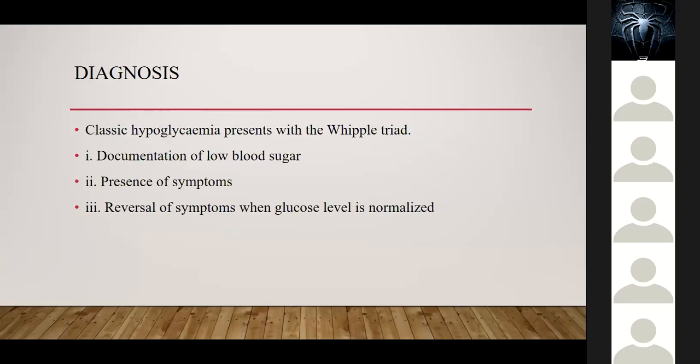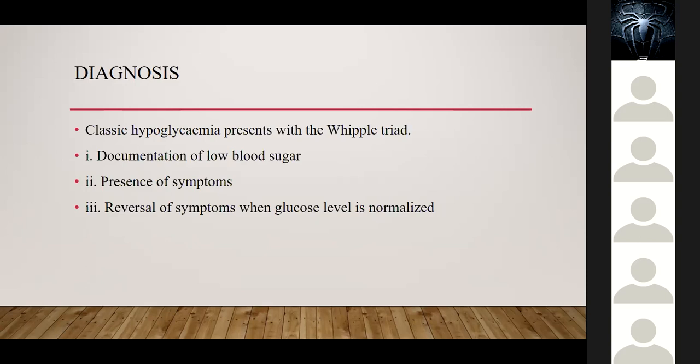So when do we say a person has hypoglycemia? We go according to what we call the Whipple's triad. We say that for classic hypoglycemia, one, there should be documentation of low blood sugar, and we said 4, right? And we say usually the symptoms will start at 2.8. And two, there should be the presence of symptoms.